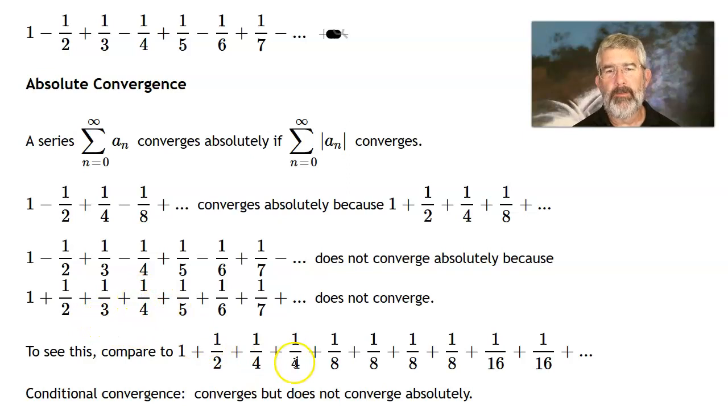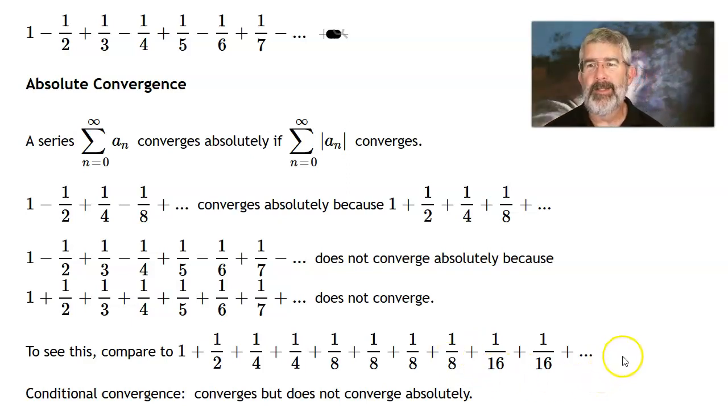The 1/4 I'll leave the same. 1/5 I'm going to turn into a 1/8. 1/6 into a 1/8. 1/7 into a 1/8. 1/8 I'll leave as a 1/8. Once I get to 1/9, I'm going to switch to turning that into a 1/16. And I'll do that until 1/16 turns into 1/16, and then the 1/17 will turn into 1/32, right?